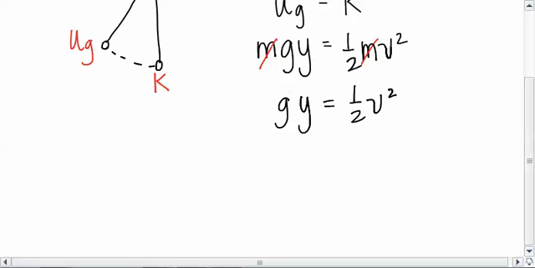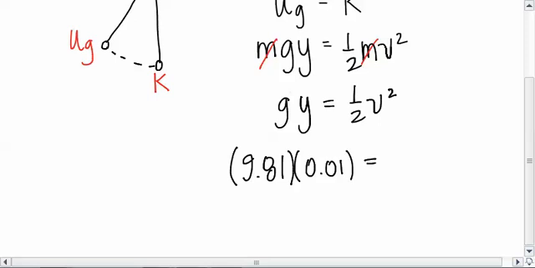Now, do I know what the acceleration due to gravity is? Yeah, and because we're going to do a little experiment, let's use the acceleration due to gravity as it should be, 9.81. That'll give us the best answer. And let's have our pendulum start at a very low height just to keep everything nice and safe. But let's start with 1 centimeter. So would that be 0.01 g equals 1/2 v squared.